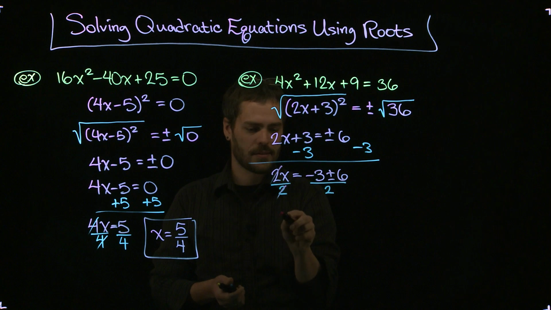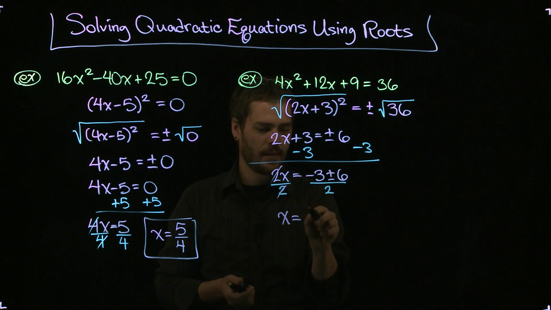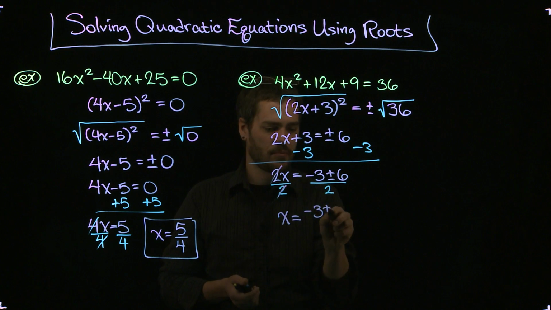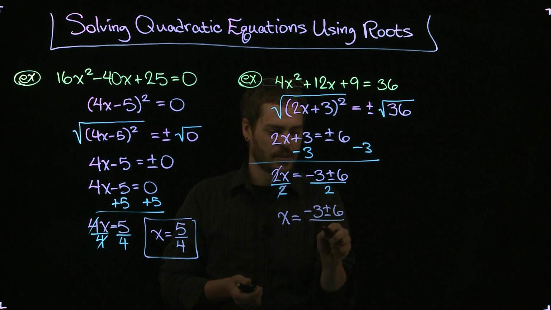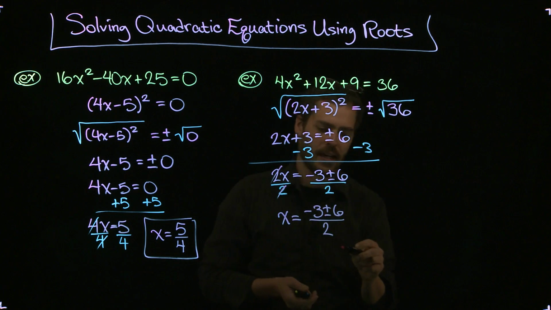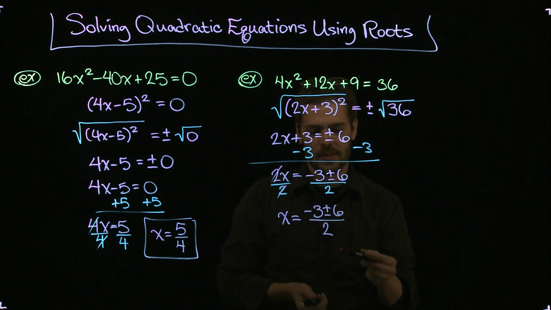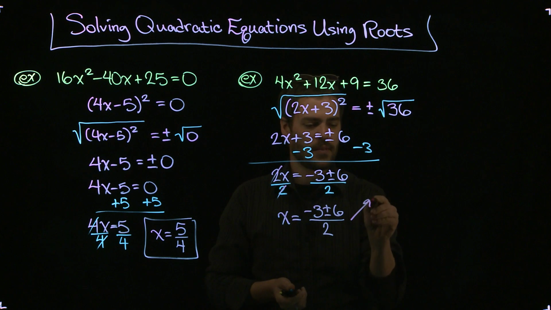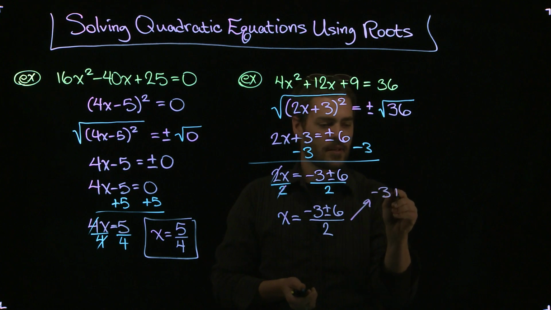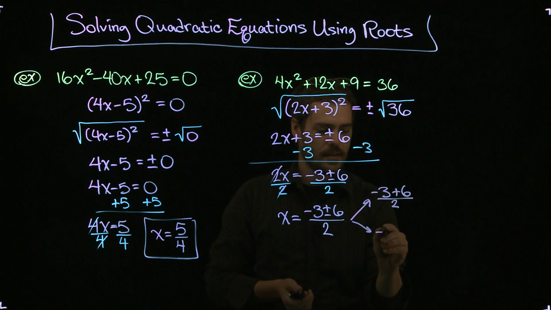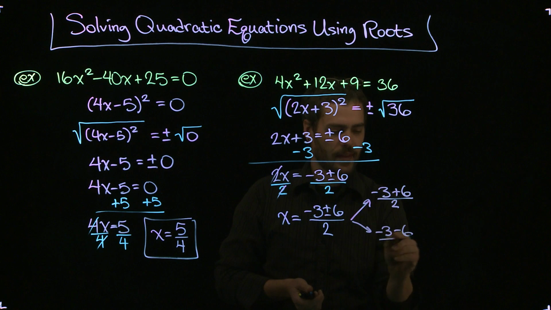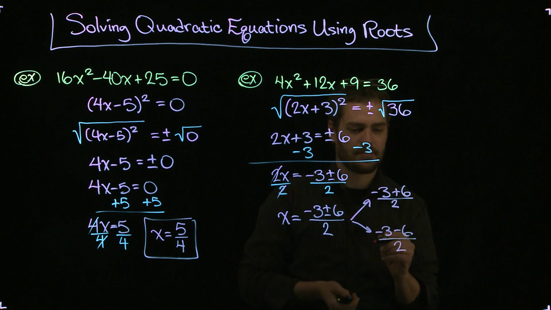These two cancel, and we have x equals negative 3 plus or minus 6 all over 2. And then at this point, I like to separate it into the two solutions that this represents. One of them is negative 3 plus 6, all of that divided by 2. The other one is negative 3 minus 6, all of that divided by 2.